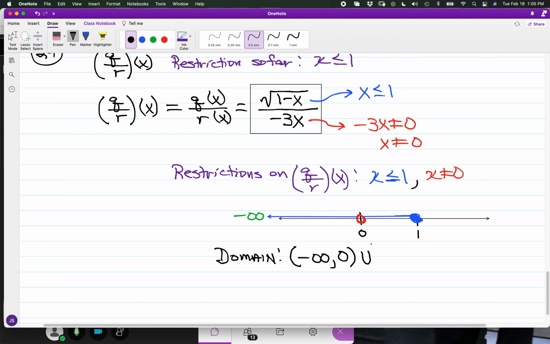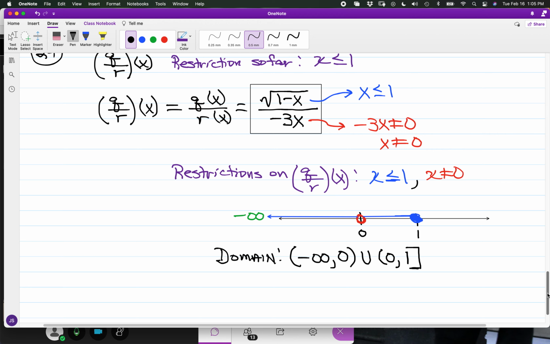Then, bypassing 0, in the second and last subinterval you go past 0, approaching 1 with the equal sign included, so 1 is part of the domain and is in a bracket. And so this would be the domain for q over r of x.